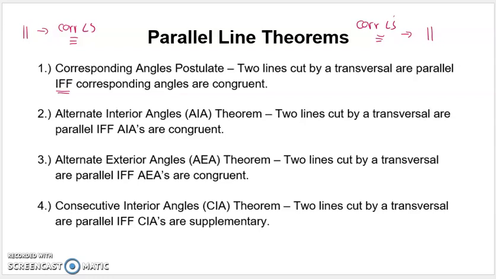For alternate exterior angles, again, if the lines are parallel, the AEAs are congruent and vice versa. And lastly, if the two lines cut by a transversal are parallel, the consecutive interior angles are supplementary. And remember, for supplementary, that means, for example, that the measure of angle 1 of one of the consecutive interiors plus the measure of angle 2, the other consecutive interior, equals 180 degrees.